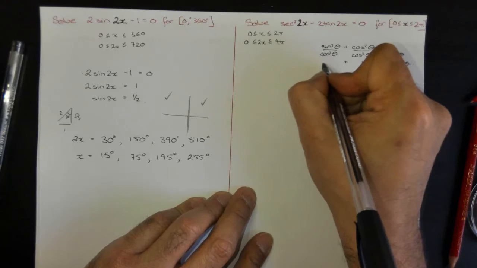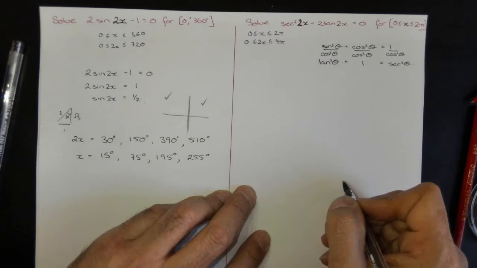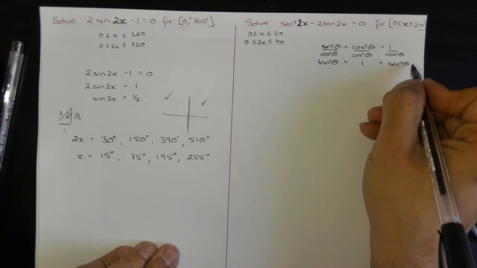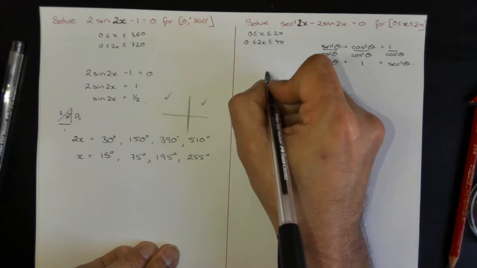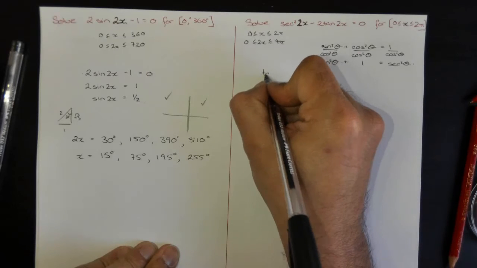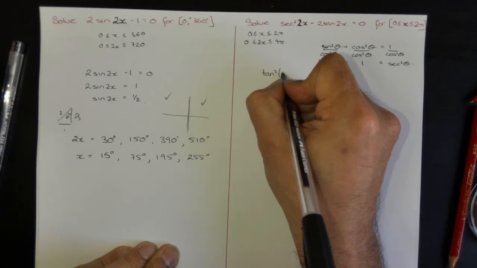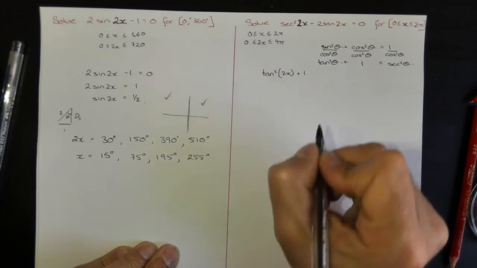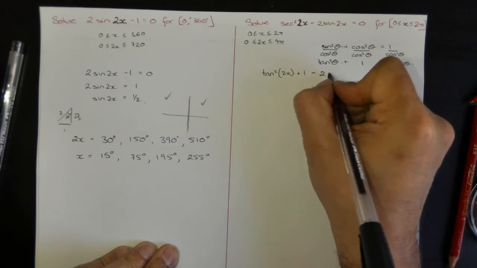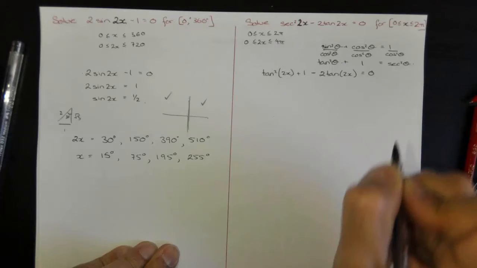That becomes 1, and this becomes tan. Okay, well, I can replace this for this. So what I would get is tan squared, where theta will be 2x, plus 1 minus 2 tan 2x, and that equals 0.